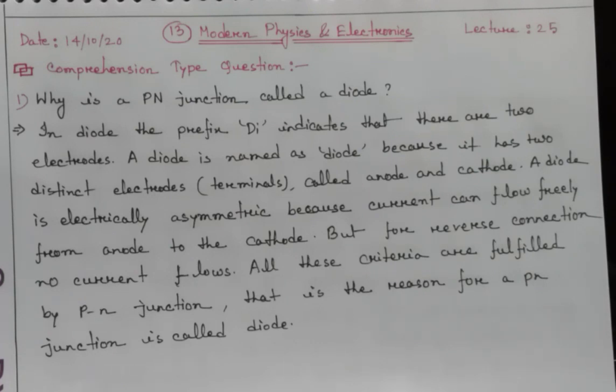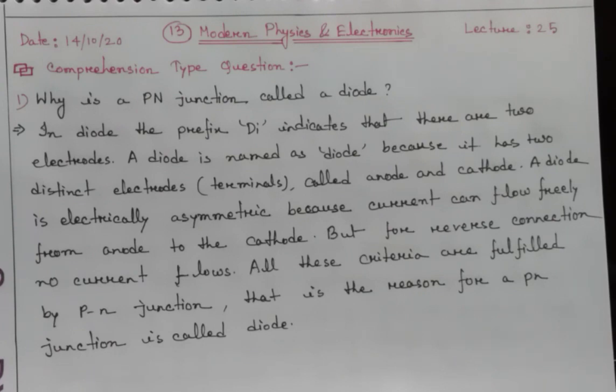A p-n junction is called a diode because of the word diode itself. If we divide it as di-ode, the prefix di indicates that there are two electrodes, meaning two distinct terminals.